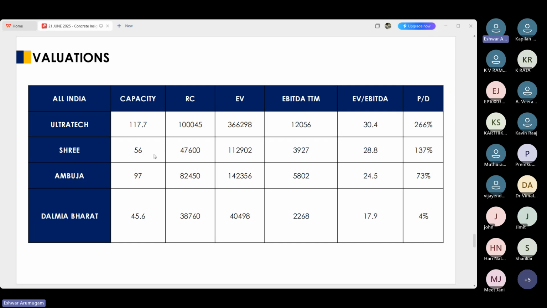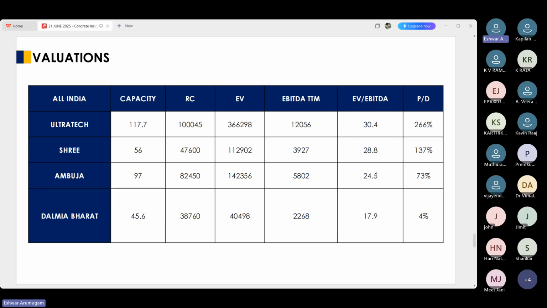If you look at Shree Cement also, it is trading at a premium of 137% to its replacement cost, and EV to EBITDA is also 29x. Ambuja Cement is priced a little bit better than the other two players. It is trading at a premium of 73% to its replacement cost, and EV/EBITDA is at 24x.